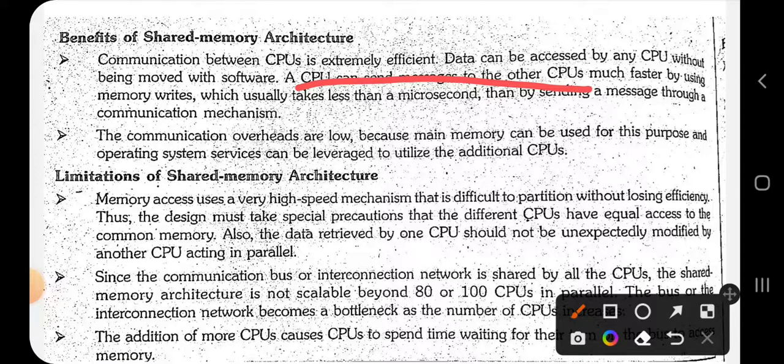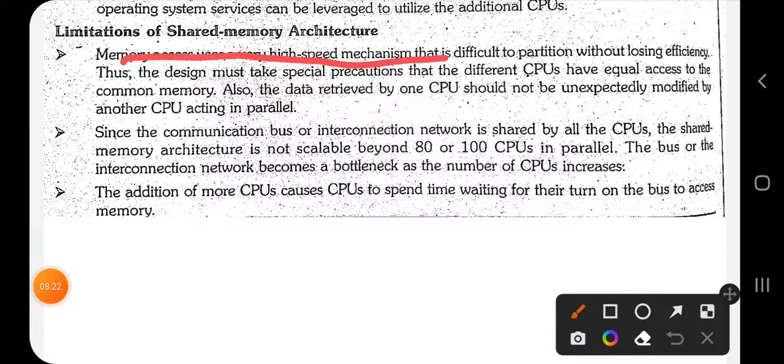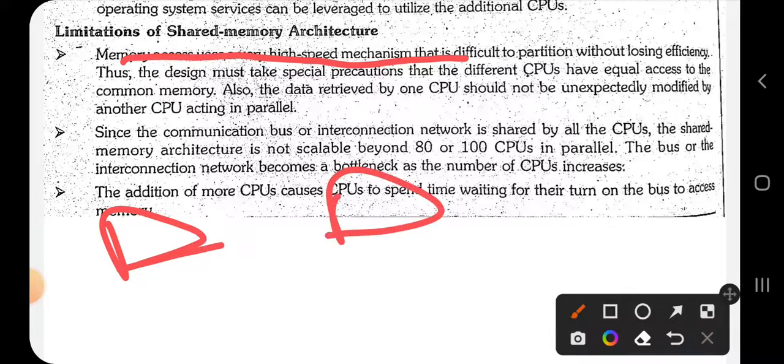Now the limitations of shared memory architecture, the disadvantages, or why we might not go for shared memory architecture. Memory access needs a very high speed mechanism, which is difficult to provide without losing efficiency. It is very hard to maintain, because multiple CPUs are concurrently accessing the database.